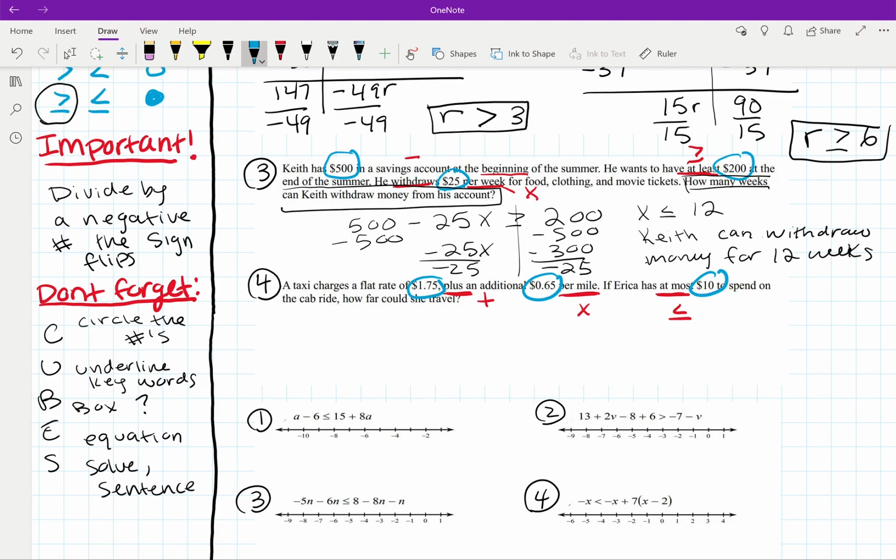So that's our question. How far can she travel? Let's set up our equation. Starting off with $1.75 plus an additional 65 cents per mile, which we denoted as X. At most, remember we said it was that symbol, $10.